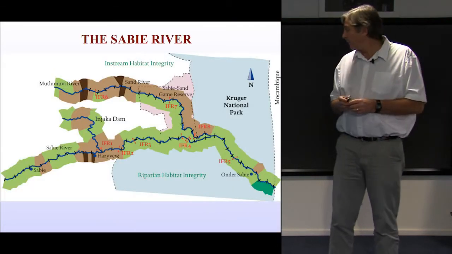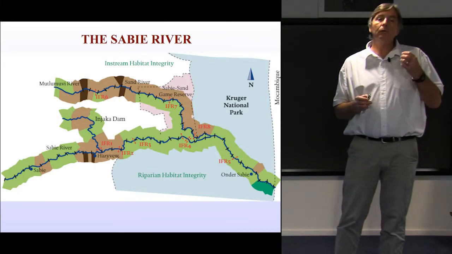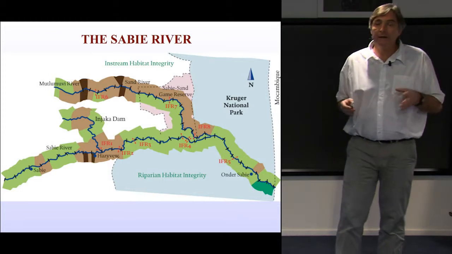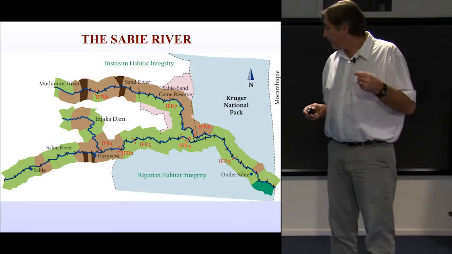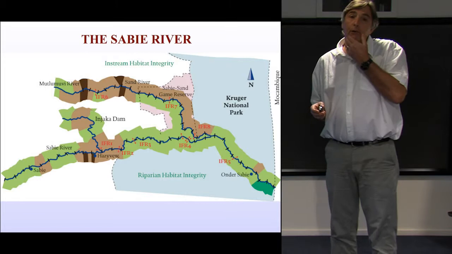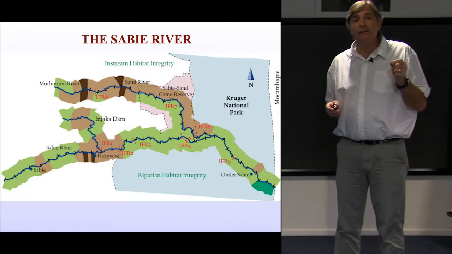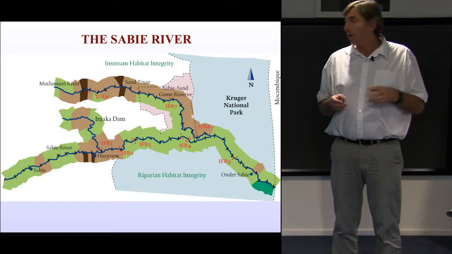Okay, so there's the Sabi River, looking at something called habitat integrity, which is a general survey of the conditions in the river. In this case, done from a video taken from a helicopter, which characterized each 5-kilometer section of the river.